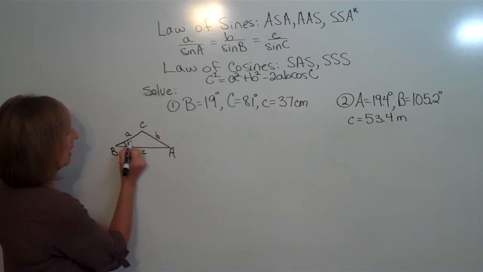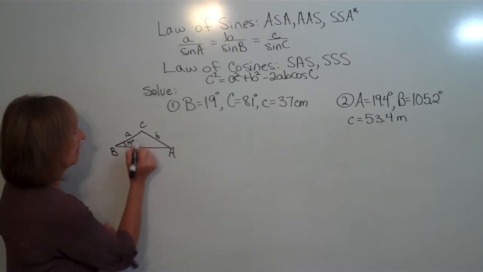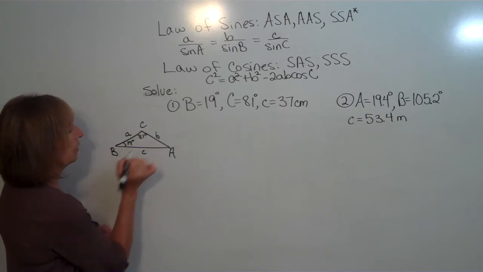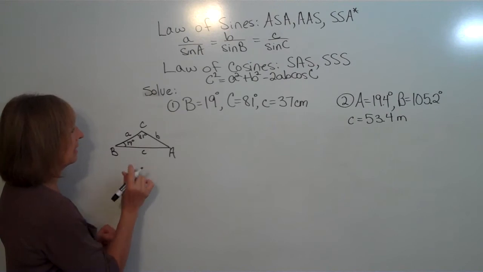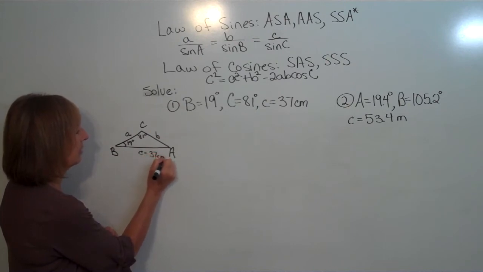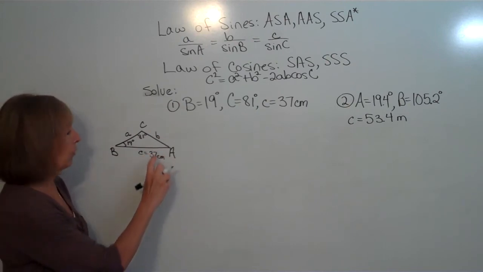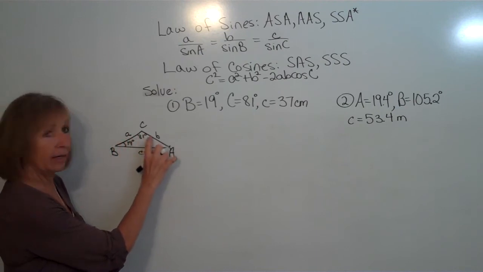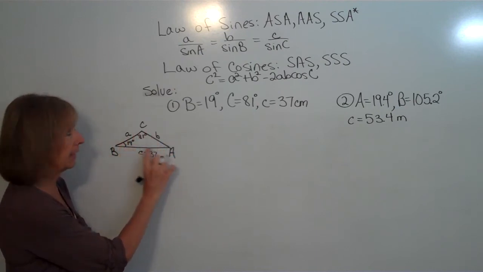So B is 19 degrees, C is 81 degrees, and side c is 37 centimeters. So as I go through, I have side angle angle, or I could call it angle angle side.